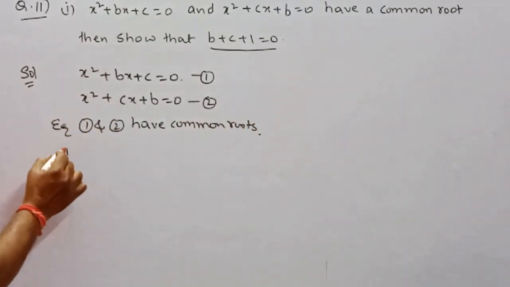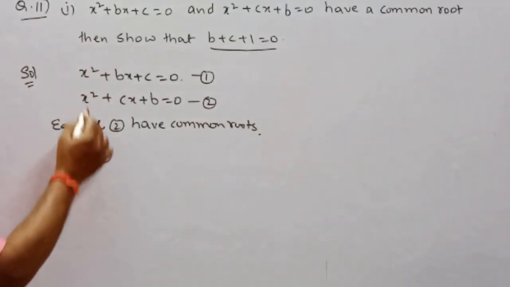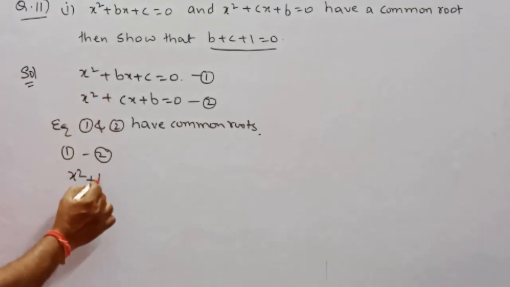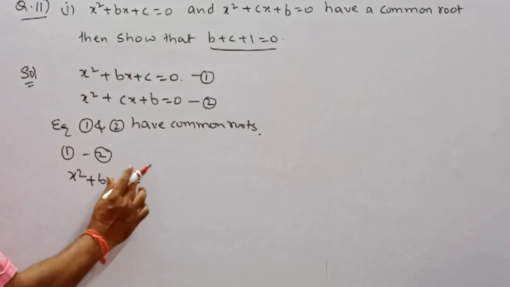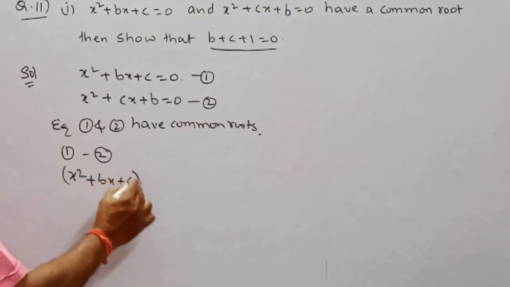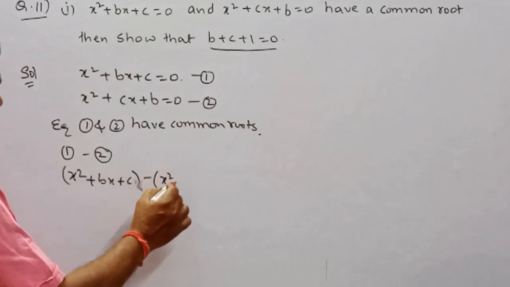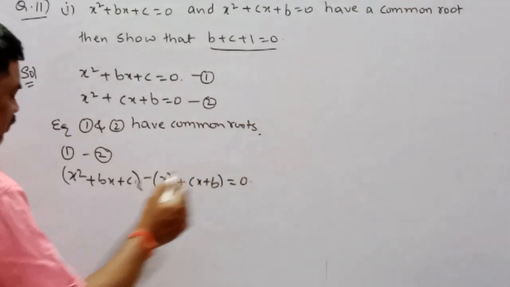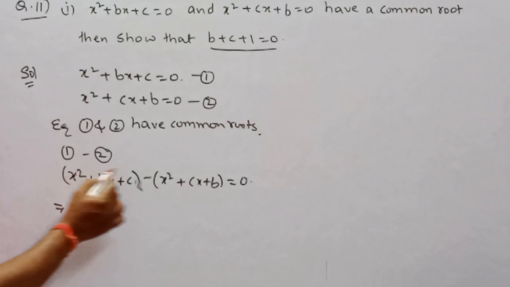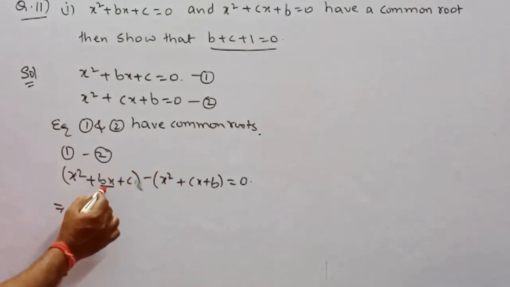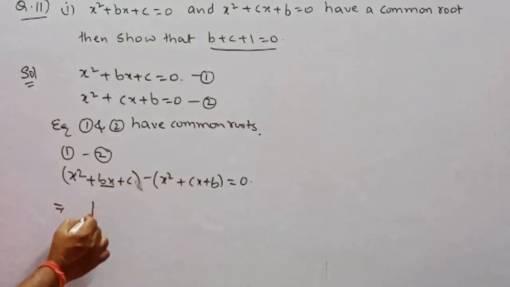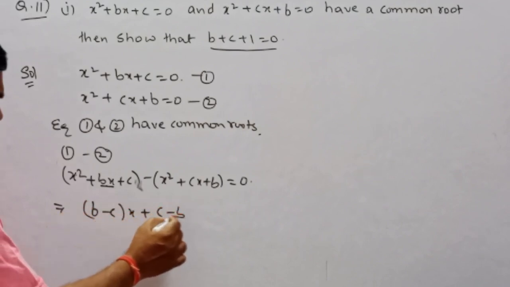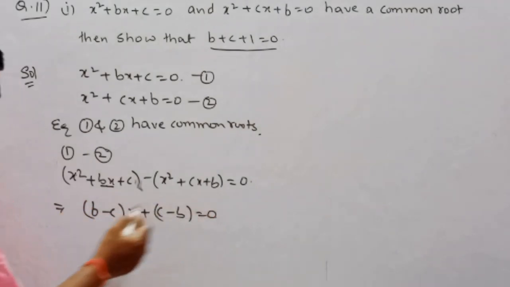So here, 1 minus 2: x square plus bx plus c minus x square plus cx plus b equal to 0. Then x square cancels, and we get b minus c of x plus c minus b equal to 0.